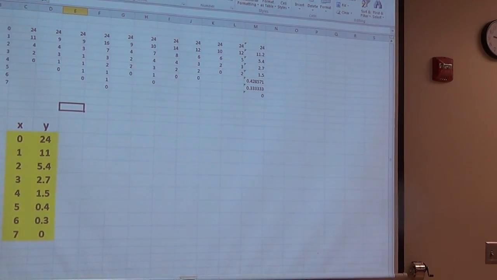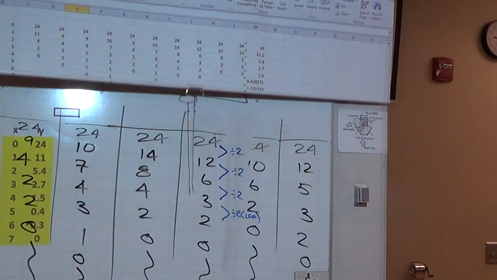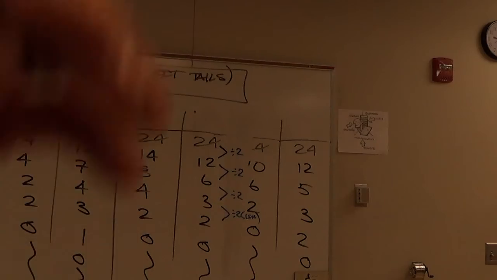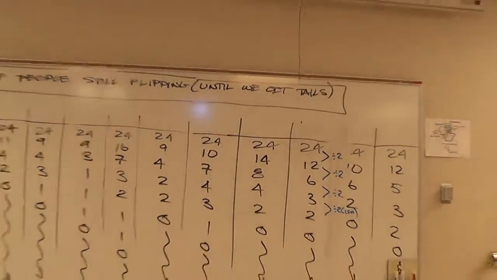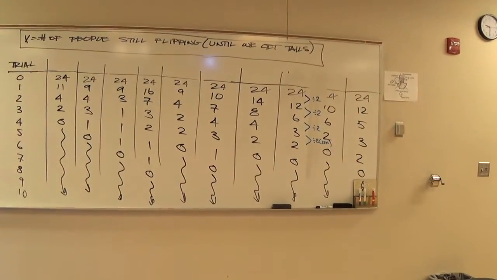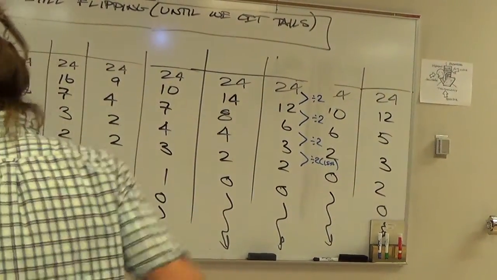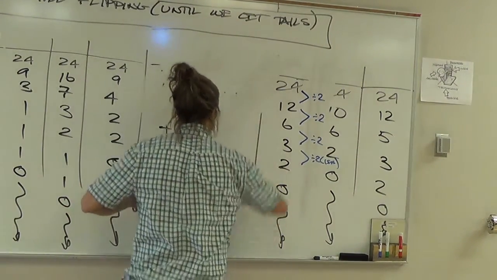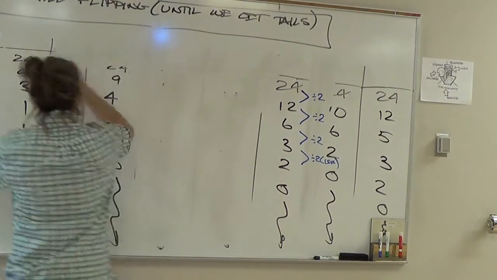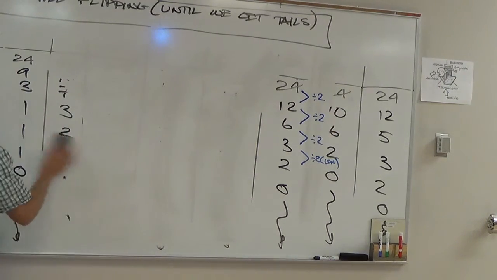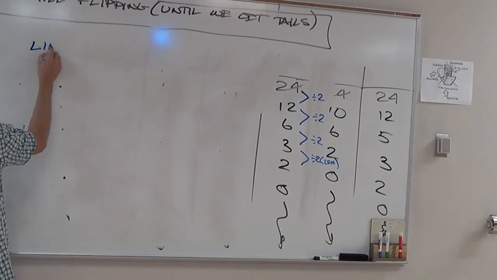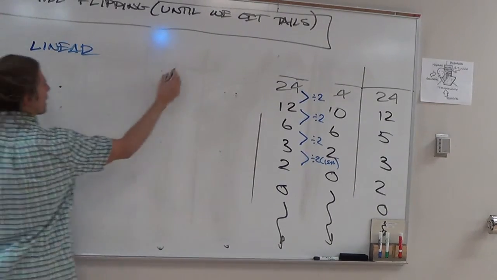Let's compare and contrast, shall we? I think we should. We're going to turn this off momentarily, and we're going to make up some linear models here right quick. Let's look at a linear and a quadratic model.